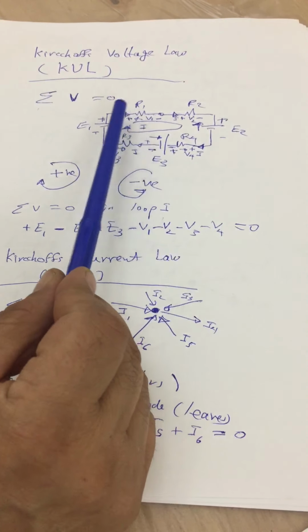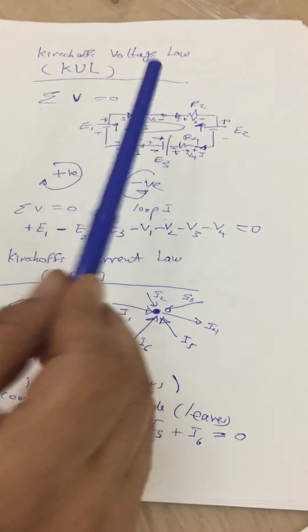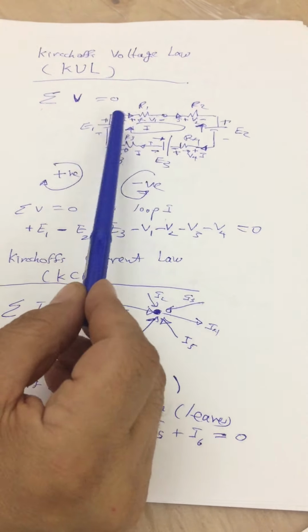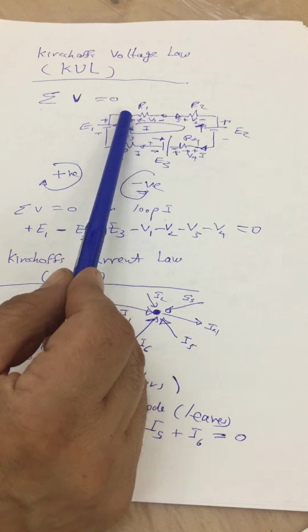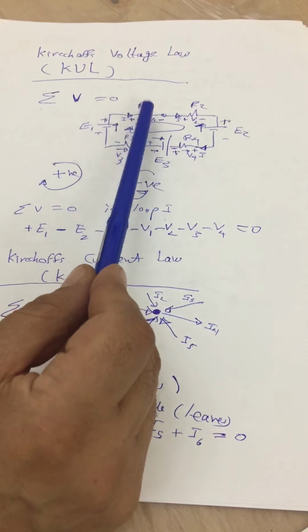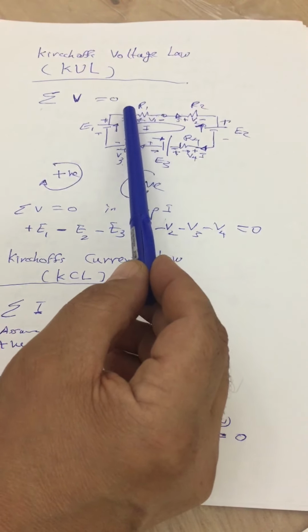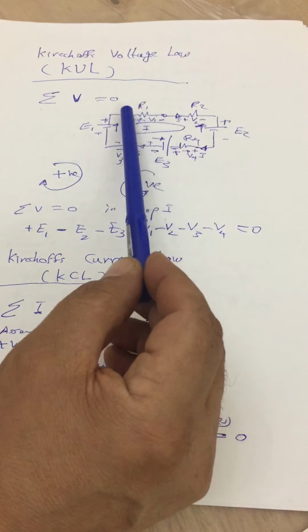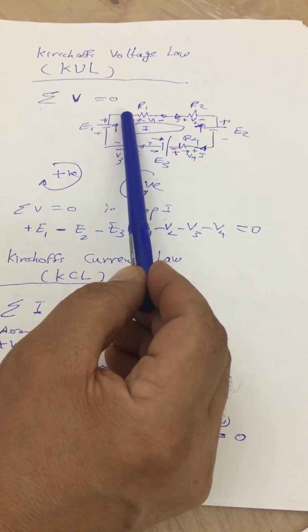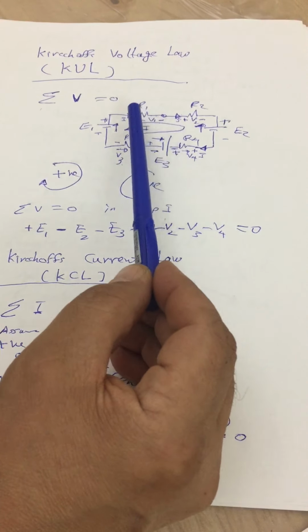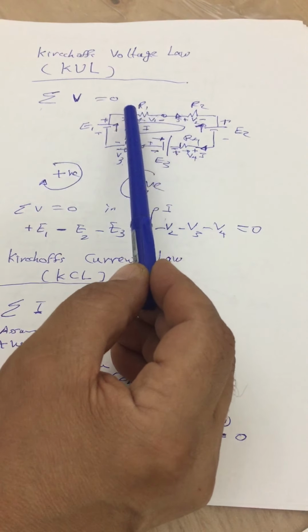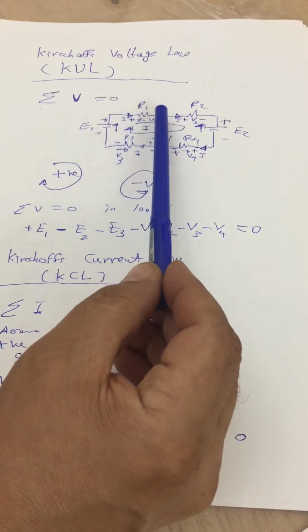Then across resistor R1, we have a voltage, we call it V1, plus minus. Why plus minus? Because the current is in this direction, which means it passes through R1 from the positive, or the higher voltage node, to the lower voltage node. So this is V1 across R1, it means this is plus, this is minus.